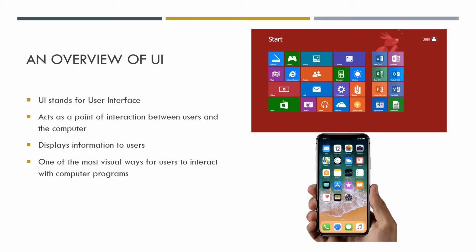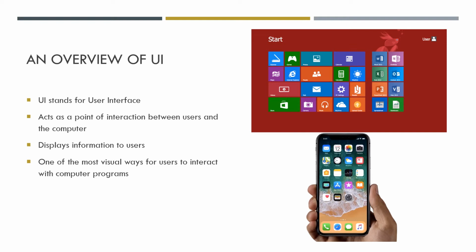So first, let's start off with a basic outline of what a user interface is. UI stands for user interface, and mainly it acts as a point of interaction between users and a computer, frequently in the form of a graphical user interface. On the right, you can see two that people are probably most familiar with.